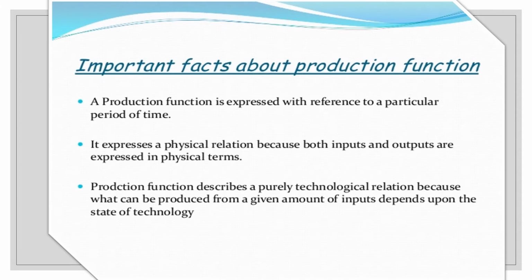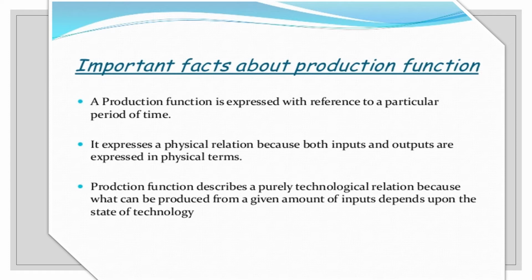Important facts about production function. A production function is expressed with reference to a particular period of time. It expresses a physical relation because both inputs and outputs are expressed in physical terms.